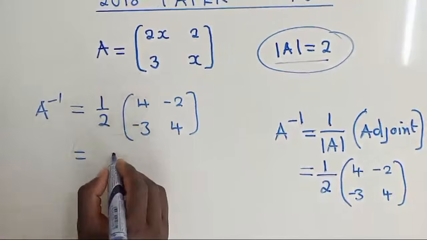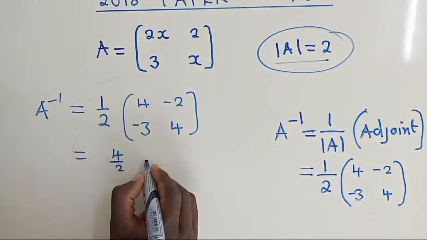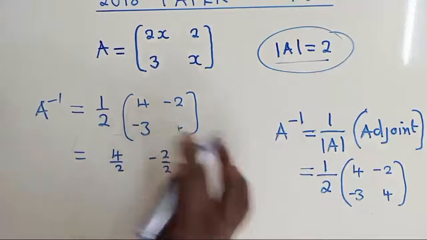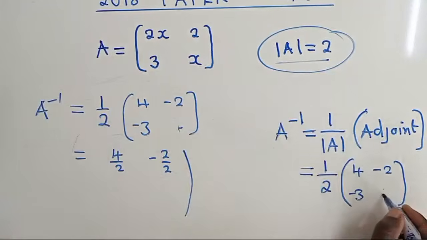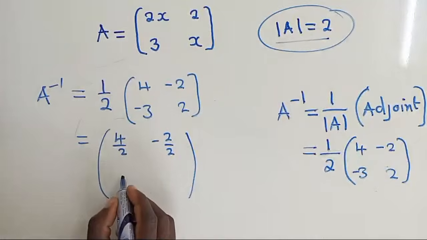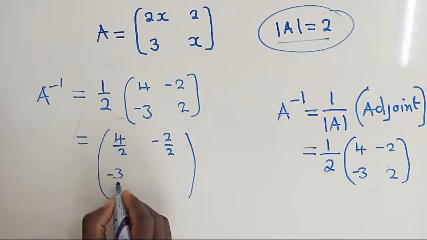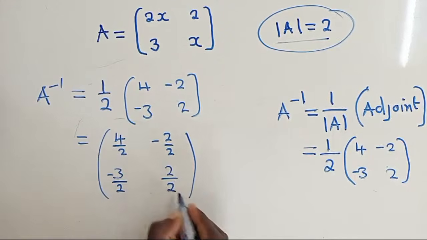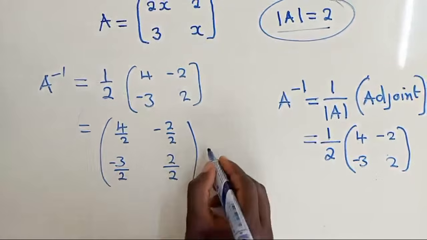You can now distribute. You shall have 4 over 2, -2 over 2 there. Oh, sorry, here it's a 2. Here we shall have -3 over 2, and here we shall have 2 over 2, when you distribute this.